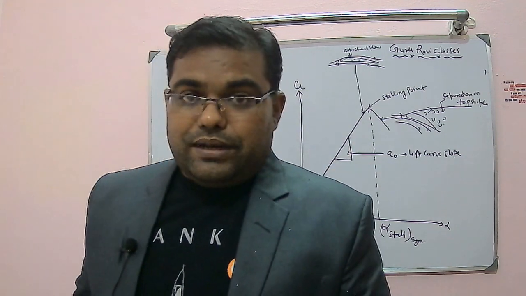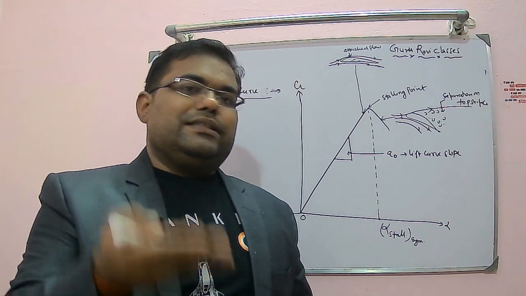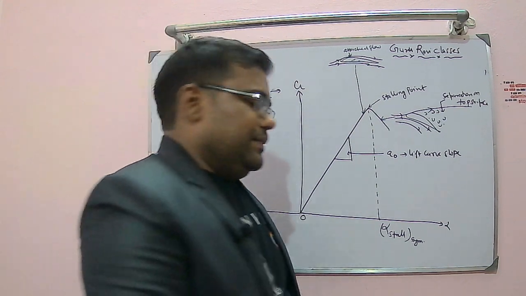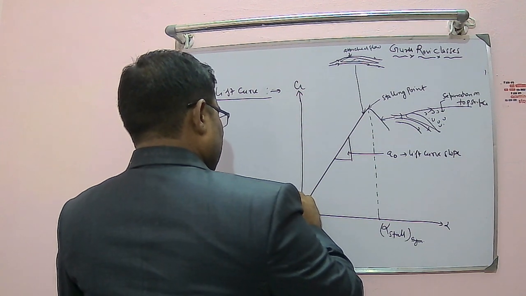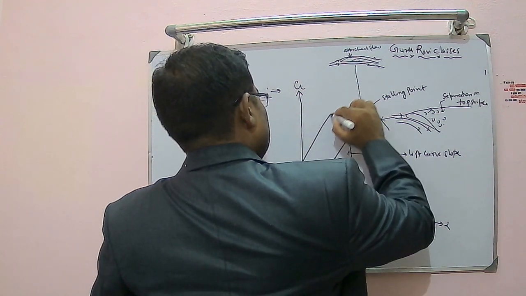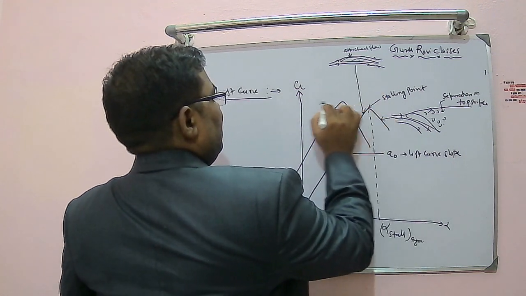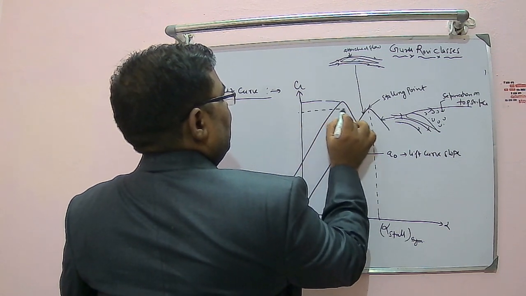But a cambered airfoil already has a certain camber. So if we keep this airfoil at 0 degree angle of attack, it will still generate some lift. In that case, the lift curve slope will be something like this. It will go like this and separate here. Look at this value and the corresponding value.